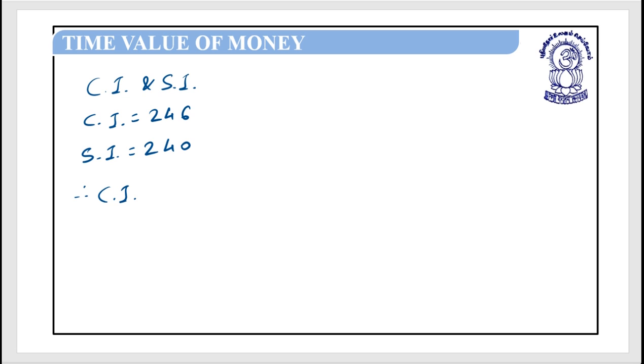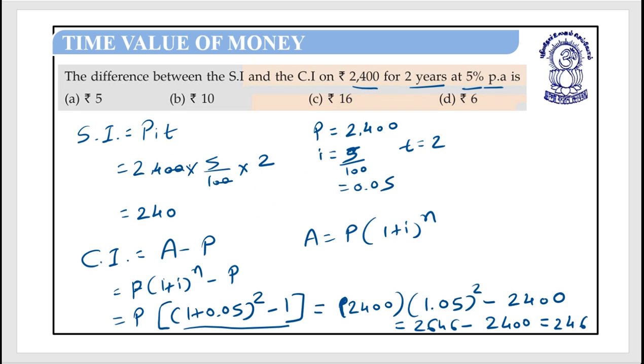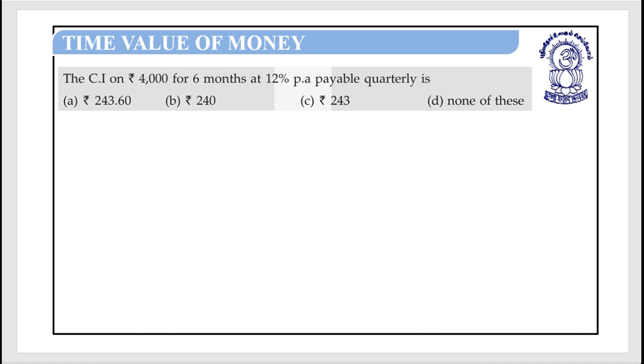So compound interest minus simple interest is equal to 246 minus 240, is equal to 6 rupees. So the answer is D, 6 rupees. Now move to the next question.